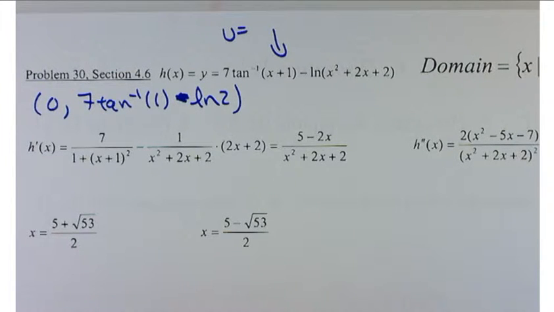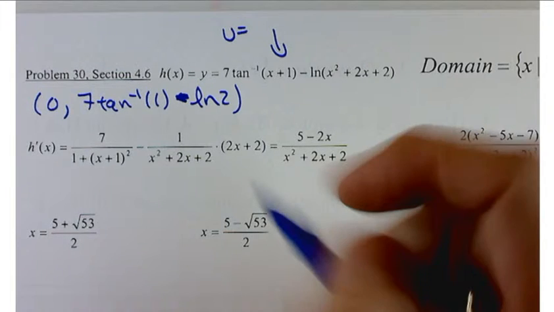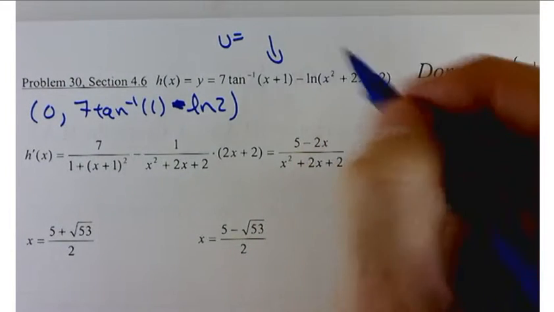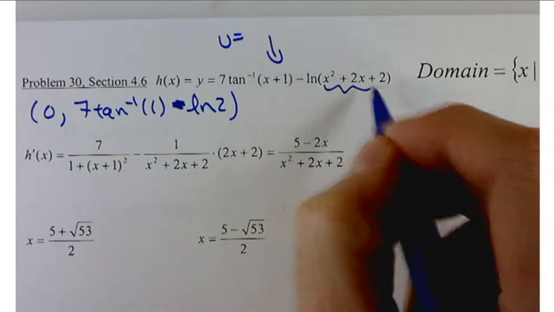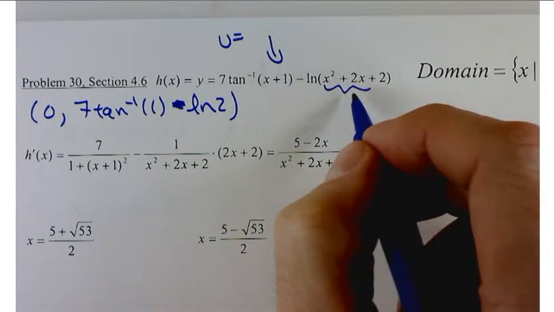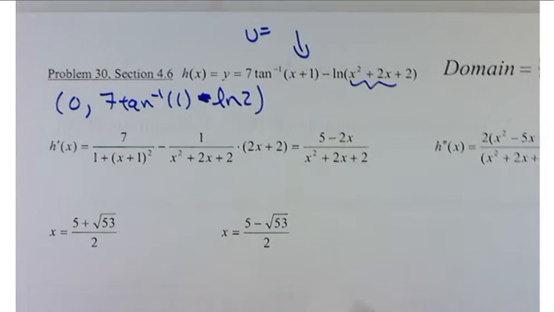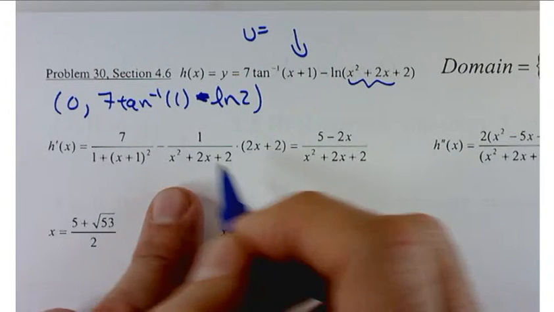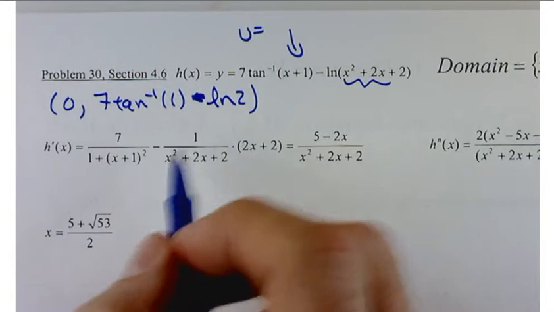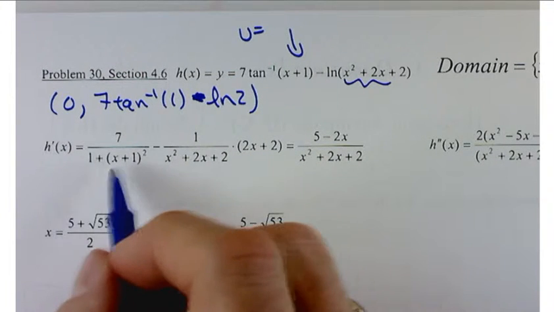What happens when you differentiate the log term? Yeah, this whole term is the u, so it's going to be 1 over u times the derivative of u. So I've got both of those things here. Now there's a little bit of algebra that's going to be required to get from here to here. You're going to have to get common denominators. Actually, you do have common denominators, because when you square this out and add 1, you're going to have common denominators.